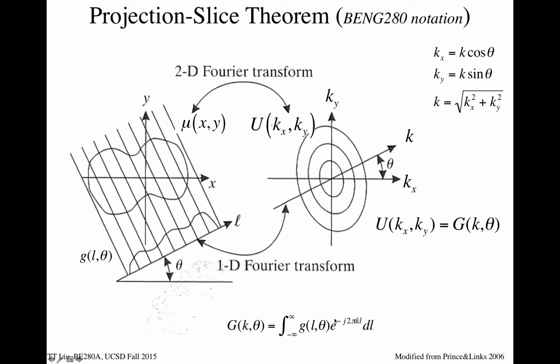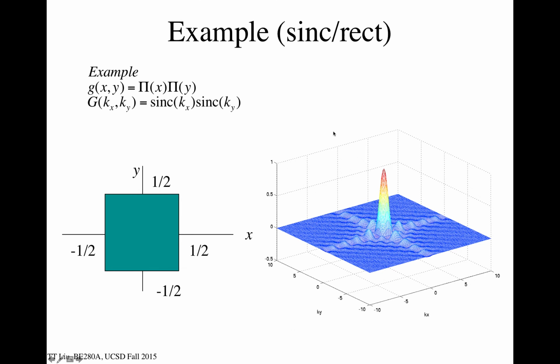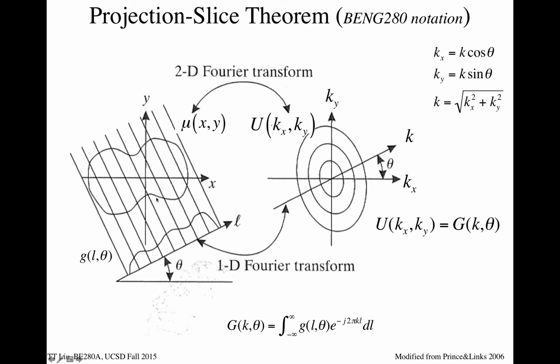So theta is just a parameter here. We're not doing the two-dimensional Fourier transform. This is all 1D, right? And so this is how the projection-slice theorem is set up in our coordinates, in that we get this function G_k(theta) from g_L(theta) by taking the transform in terms of L.